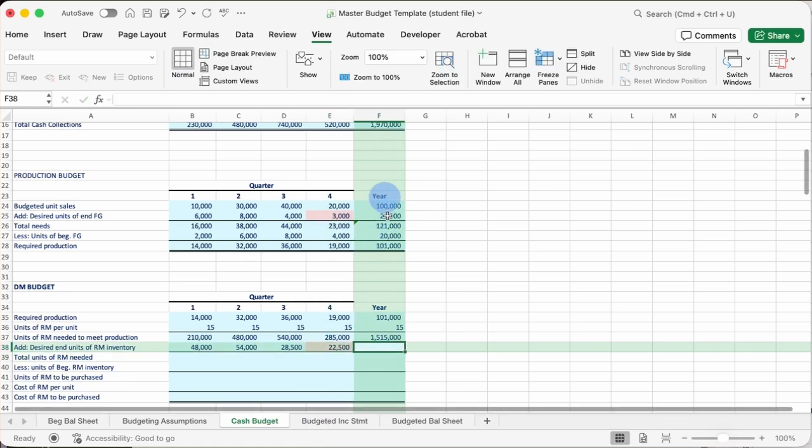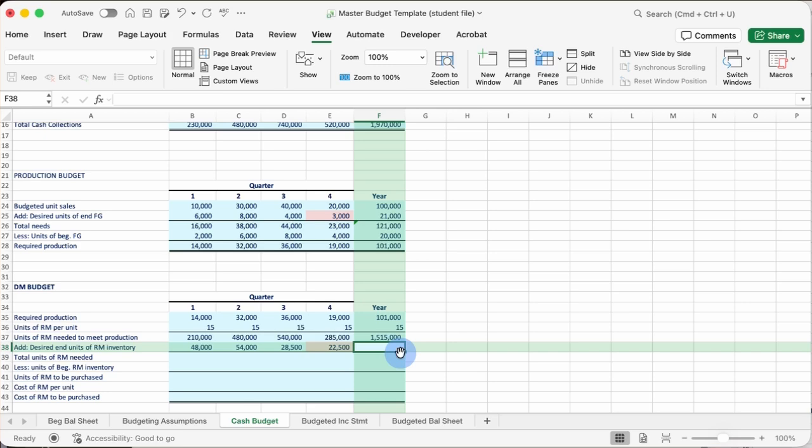In this case, F38 is a little bit different because this is ending units of raw materials. So instead of doing a sum across this row, we're just going to reference the Q4 ending raw materials inventory balance.